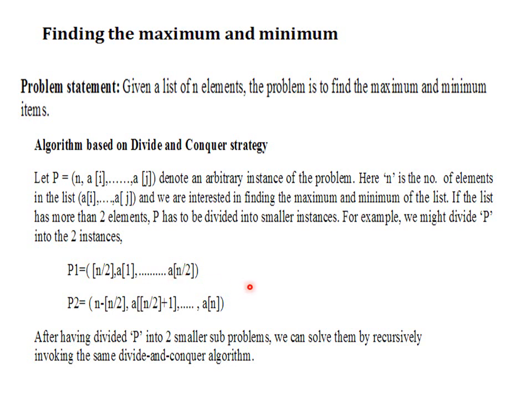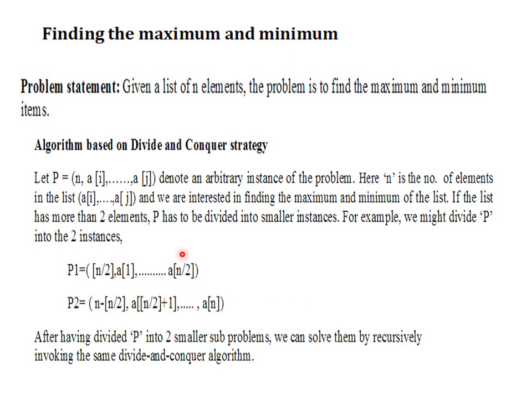To obtain the minimum value in the list, we compare the two minimum values obtained from the two sublists, and the smaller is the minimum value in the given list. Similarly, the maximum value in the list is obtained by comparing the two maximum values obtained from sublist 1 and sublist 2, and the larger is the maximum value in the given list.